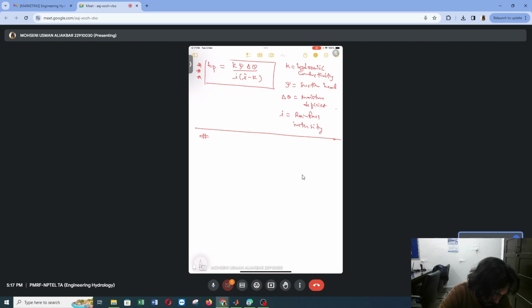We are looking at the scenario of what happens after ponding time, which is t greater than tp, right? We already derived this equation in the previous class.